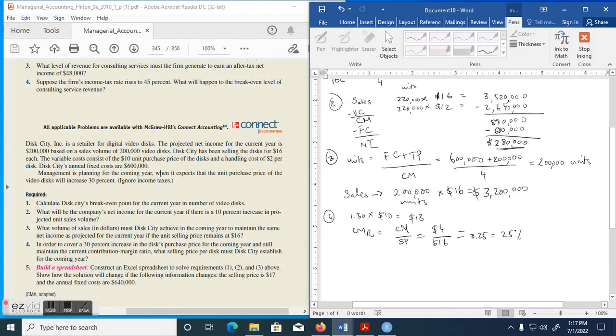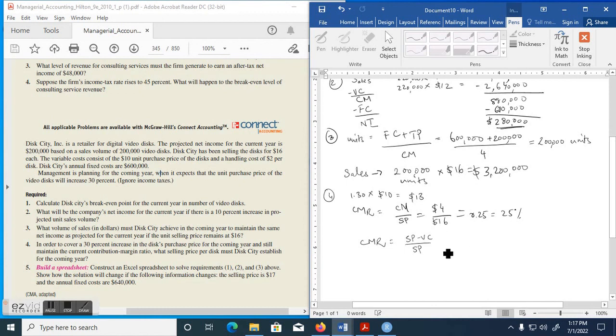Now remember, the contribution margin has to be calculated on the basis of some new sales price. And if we look at the formula, we'll be able to identify where to calculate the sale price. So CMR is equal to contribution margin, that is sale price minus our variable costs, divided by sale price. We can substitute all of our known variables into this particular equation to solve for our new sales price.